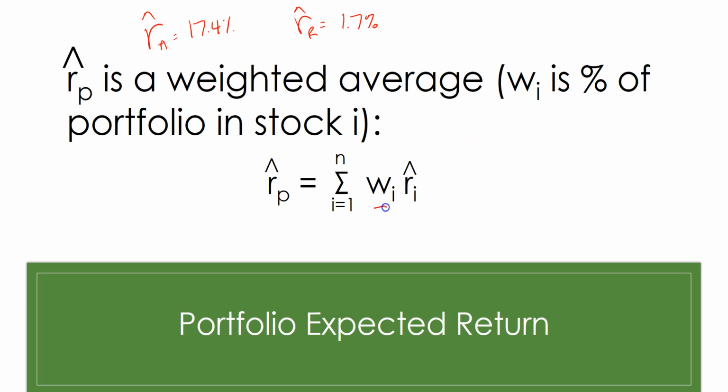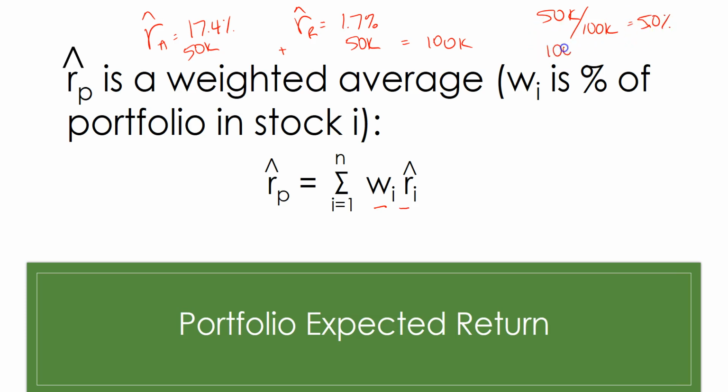So we need to take the weight of each asset multiplied by its expected return. This portfolio is 50,000 in Alta and 50,000 in Repo, so together that's a $100,000 portfolio. If we invest 50,000 of that 100,000 in Alta, that means we've invested 50% of our money in Alta.